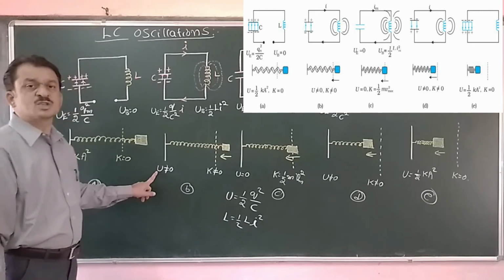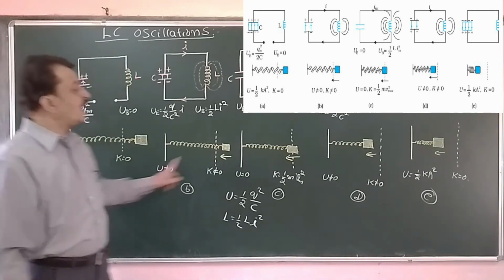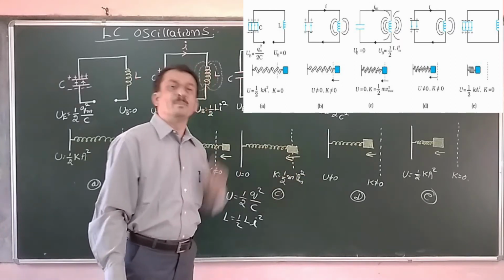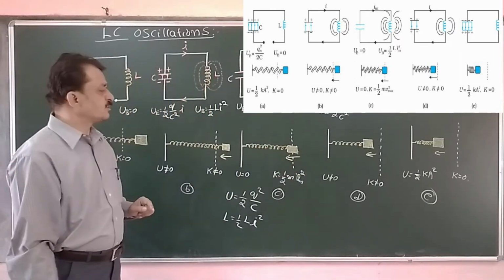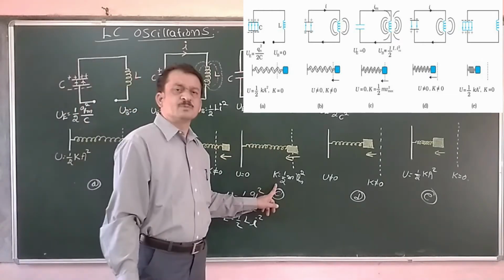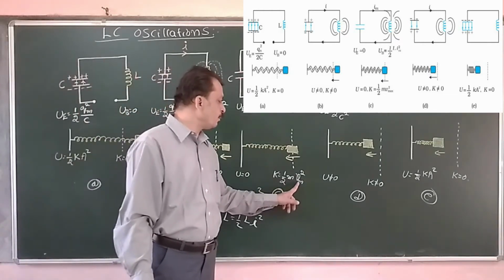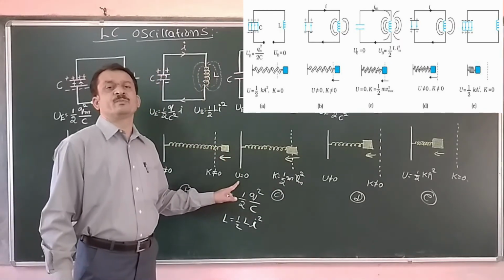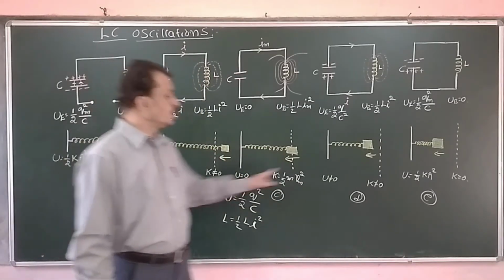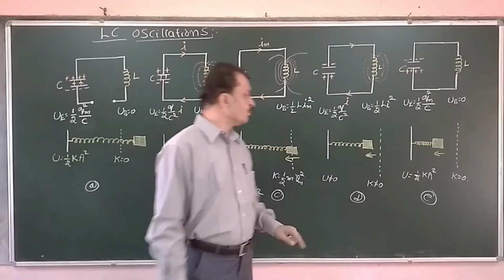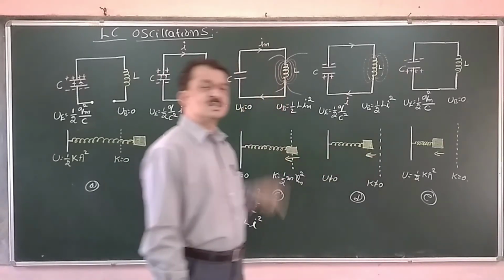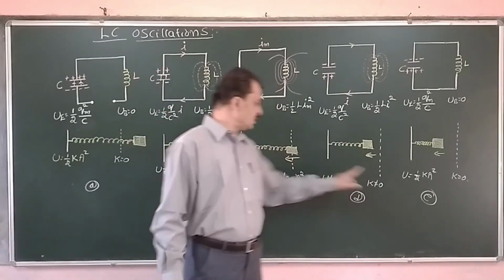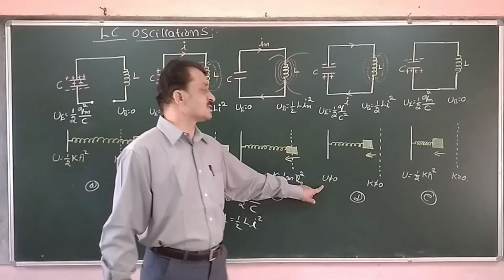So potential energy goes on decreasing. As and when the mass approaches the mean position of the system, the kinetic energy becomes maximum, that is half m Vm square, where Vm is the maximum velocity. Then the potential energy becomes zero. Now in the fourth diagram, it further advances due to the momentum. Then kinetic energy goes on decreasing and the potential energy goes on increasing.